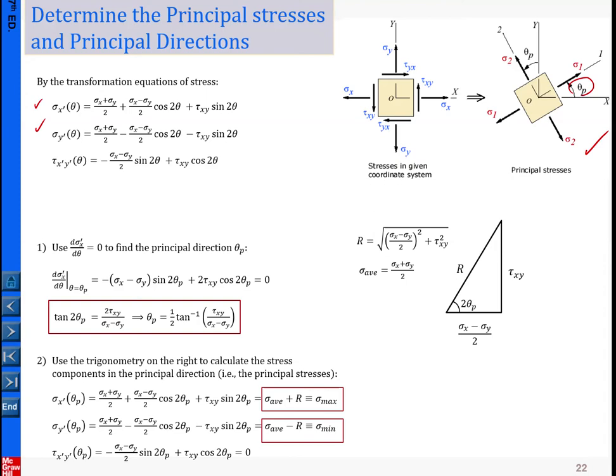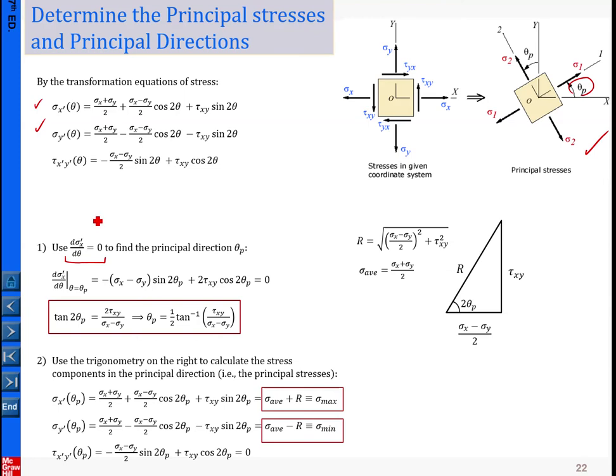So we simply treat the transformed normal stress component as a function of theta. Then we take the derivative of the normal stress with respect to theta equal to 0. That is the principle of calculus: at the extreme value, the slope equals 0. We simply apply that here.